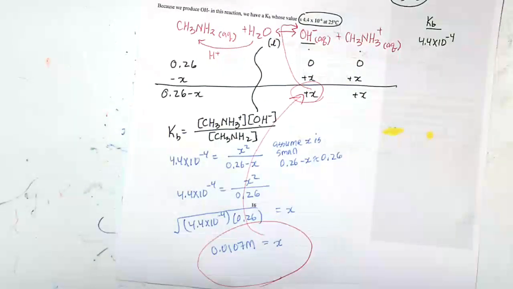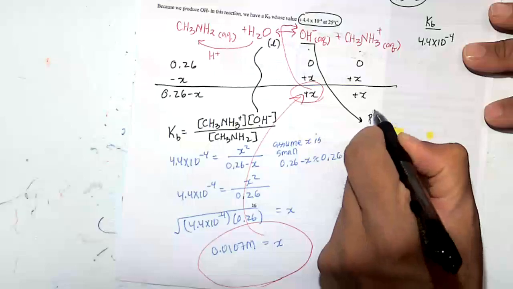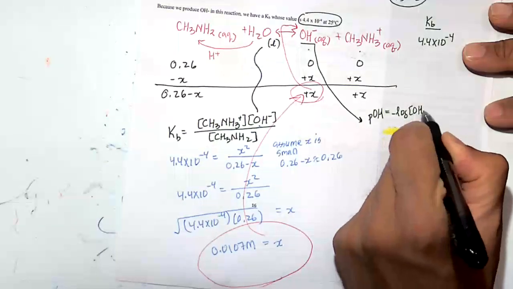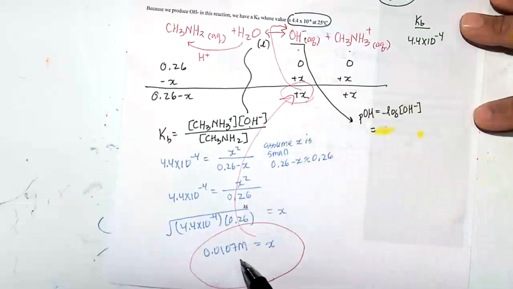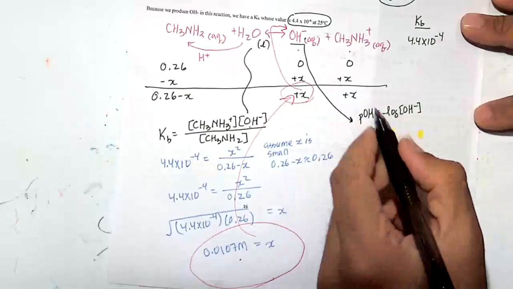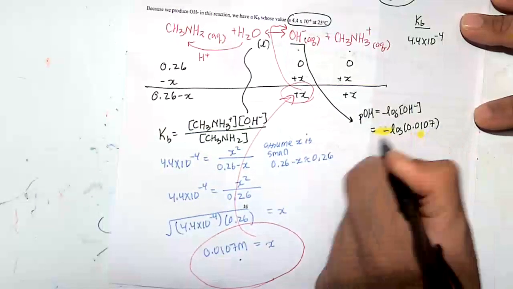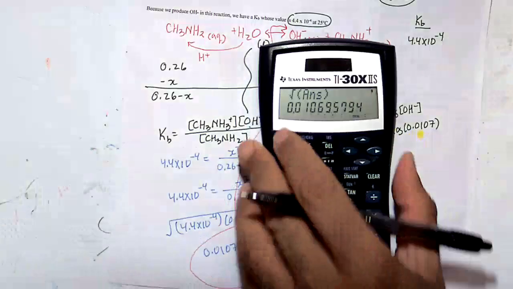So before calculating pH, let's calculate the pOH. How will we do that? pOH is equal to minus the log of the concentration of OH minus. The OH minus is X, and X is 0.0107. What is that on our calculator?